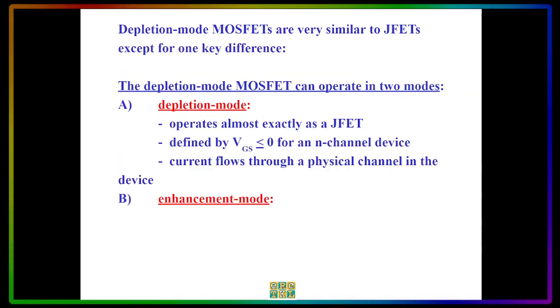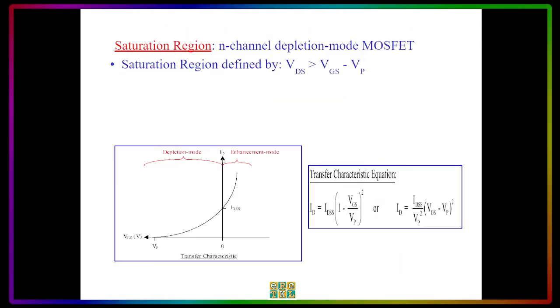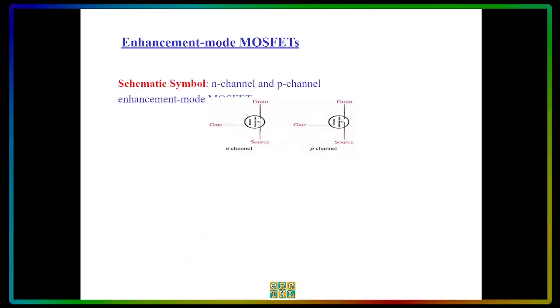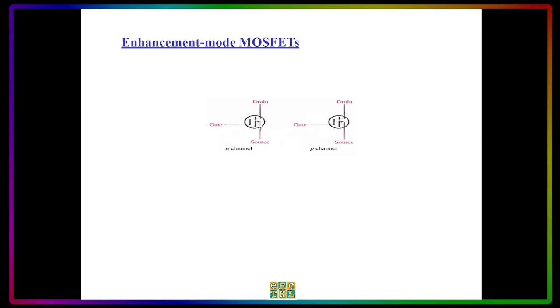So in the depletion mode, we will go back to that. You will see that the bar here is a single bar. Whereas when we look at the symbol of the enhancement mode, the bar in the middle is divided into 3 parts, or cut. But basically, they are the same symbol as the D-MOSFET. Only the 3 bars on the inside are different.